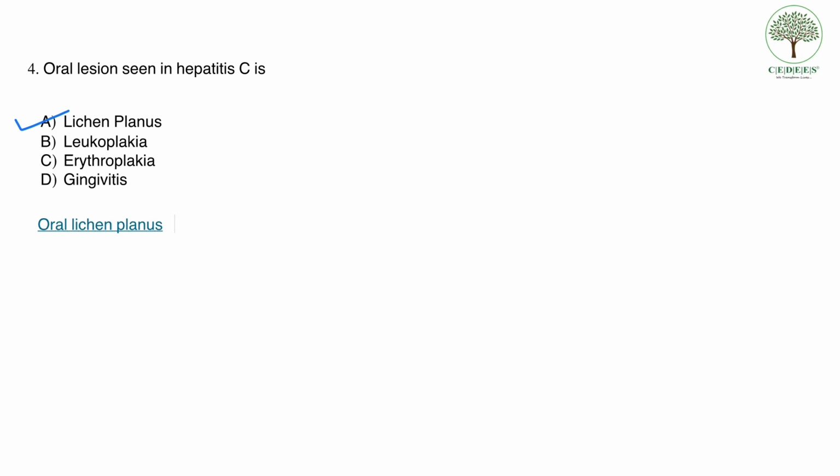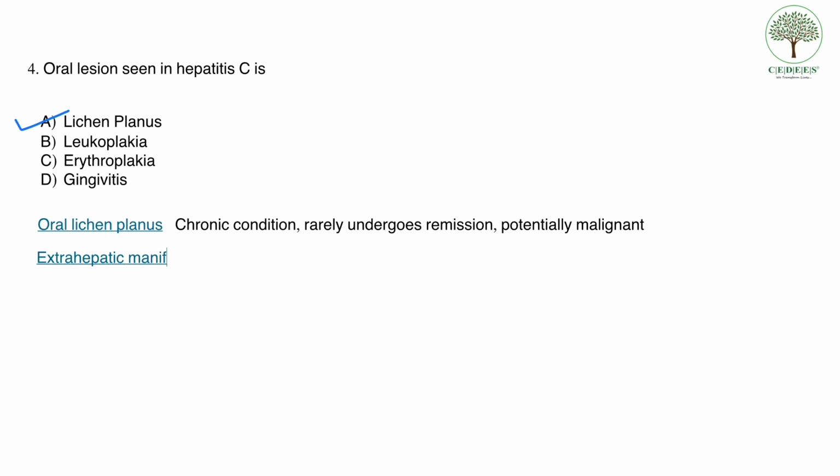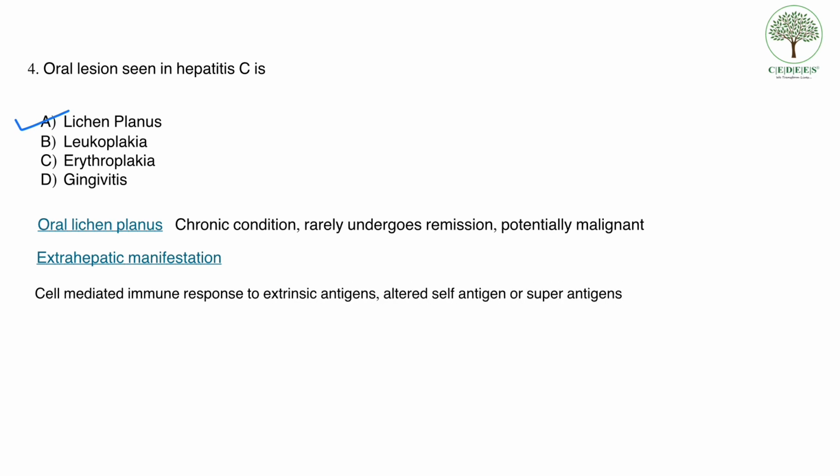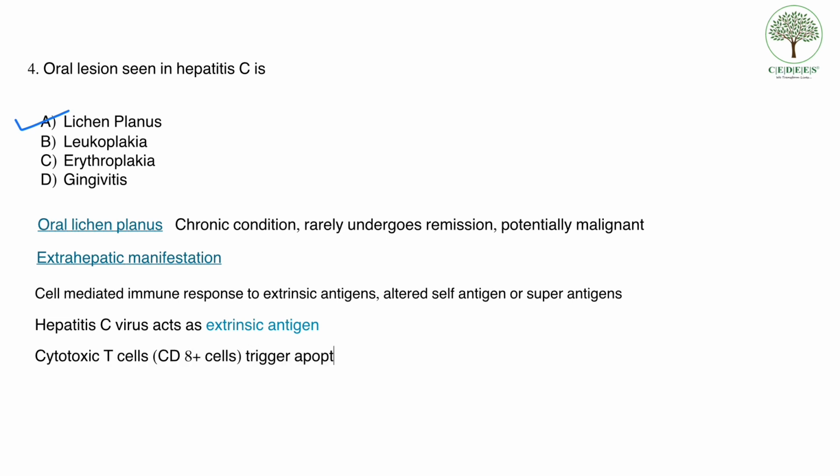Oral lichen planus lesions are chronic, rarely undergo spontaneous remission, and have malignant potential. The pathogenesis of oral lichen planus is a cellular immune response due to extrinsic antigens or altered self-antigens. So your hepatitis C virus acts as an extrinsic antigen which triggers the cytotoxic T cells to cause apoptosis of oral epithelial cells, resulting in oral lichen planus.